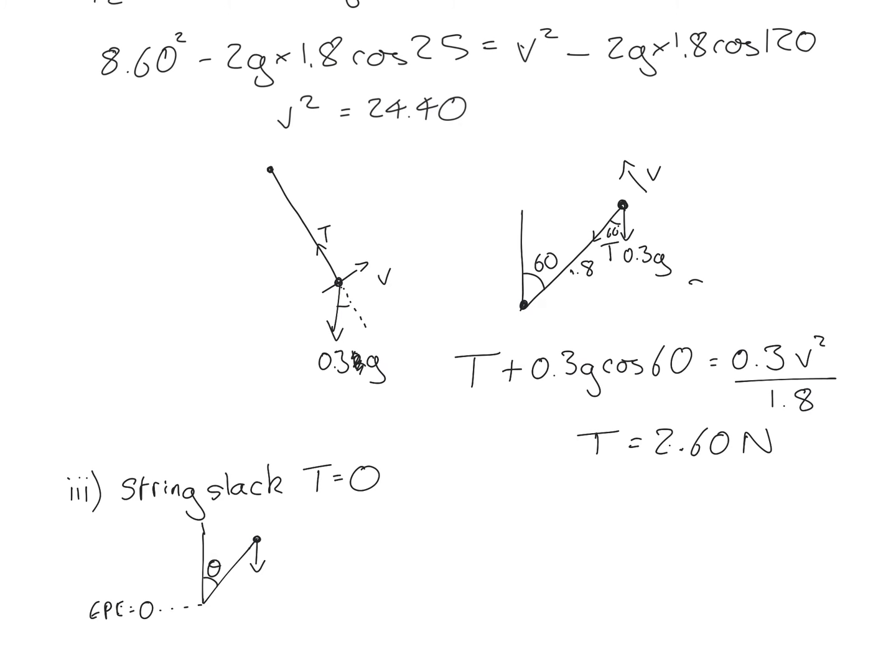Okay, we've got 0.3 G here. And so what we know is that T plus 0.3 G cos theta equals 0.3 V squared over 1.8.